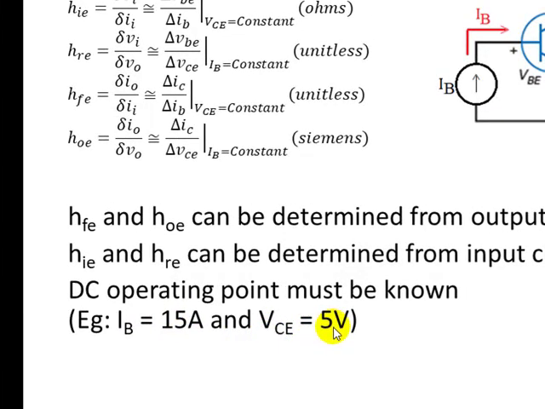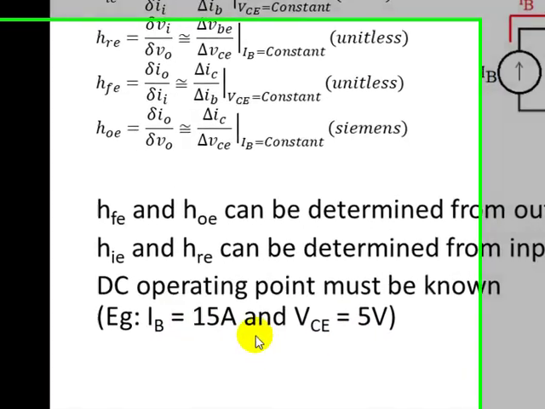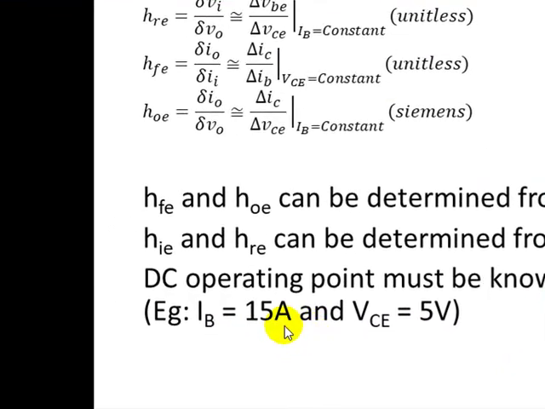Depending on the different biasing circuits you use, you can have different values of VCE and IB. So for those two values, we will find out the H parameters. Once again, IB is 15 microamperes, not 15 ampere.